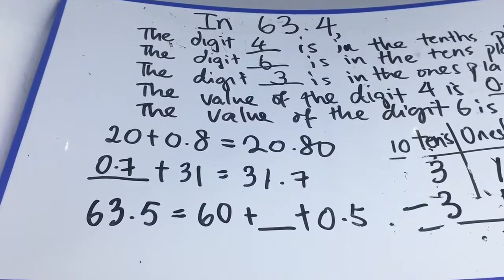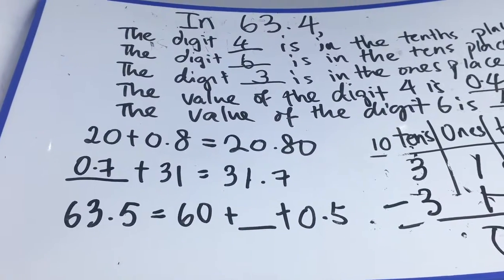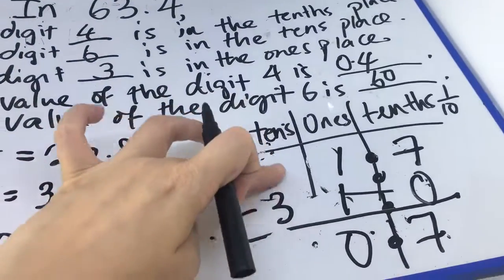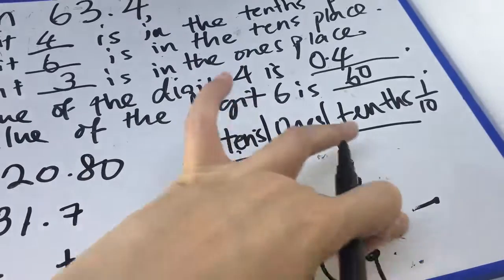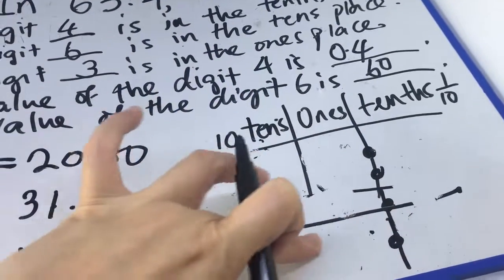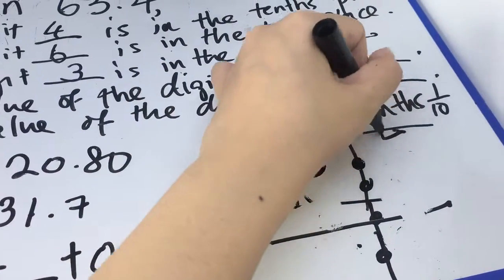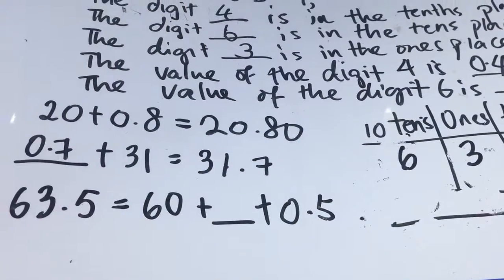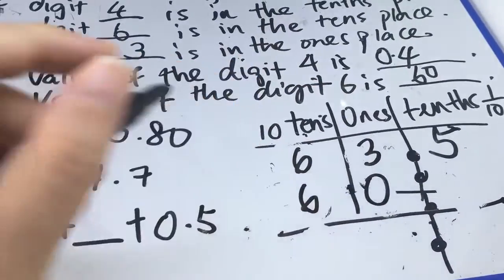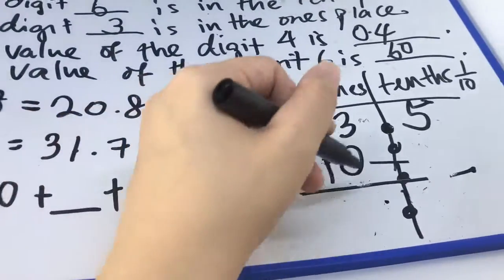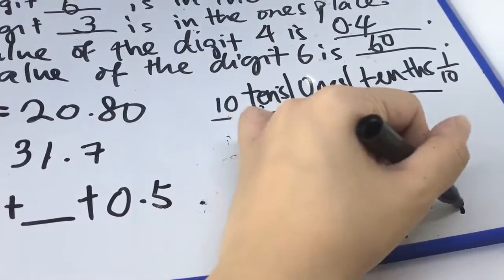Next, 63.5 is made up of 60 plus what plus 0.5. So let's see, 63.5. Now where's the 60? 60 is the same as 6 tens. And 0.5 is 5 tenths.